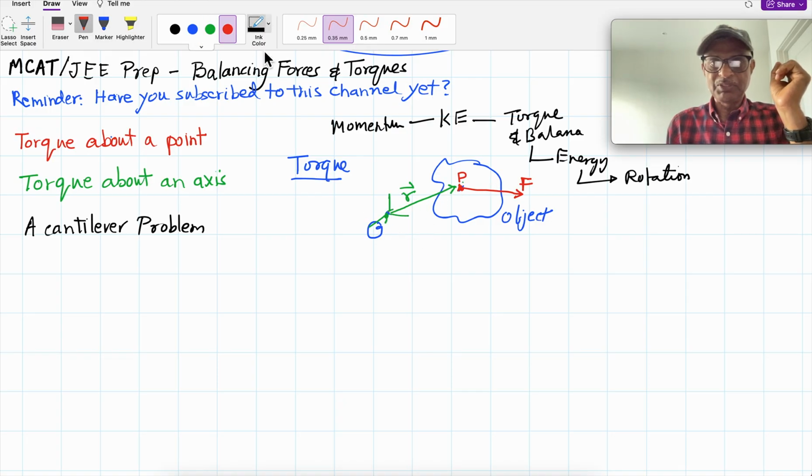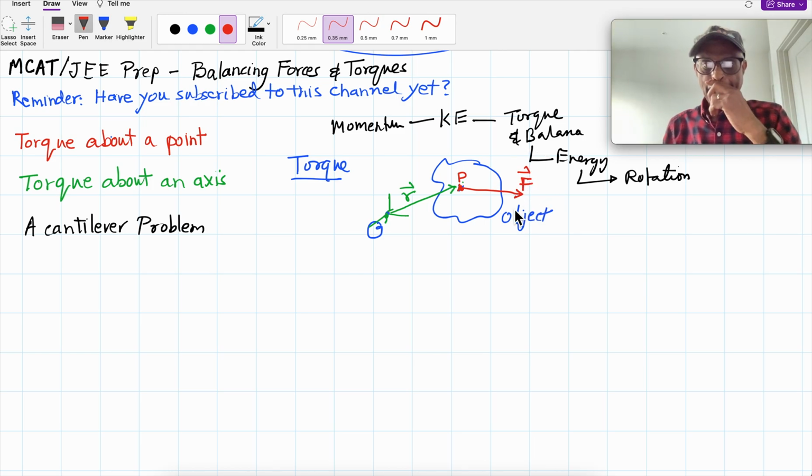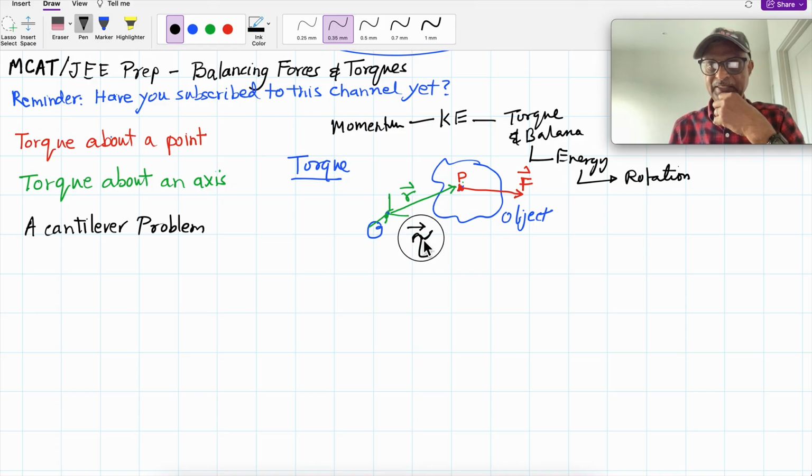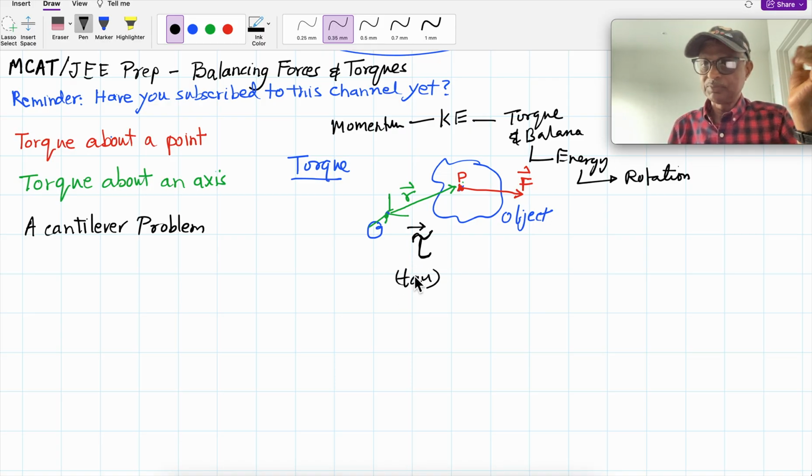And I forgot to mention that this is a force, and this is also a vector. So the cross product of this with that is the torque. So you define the torque. Torque is also a vector, with this squiggly symbol that looks like a T, but this is a tau symbol.